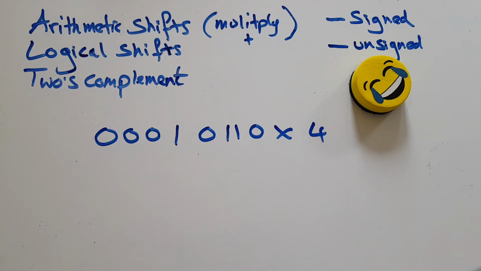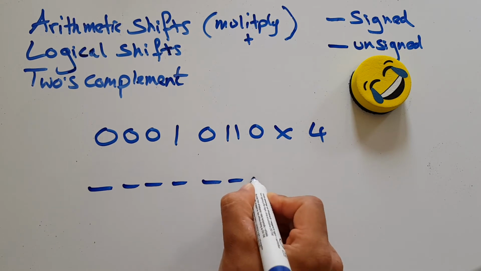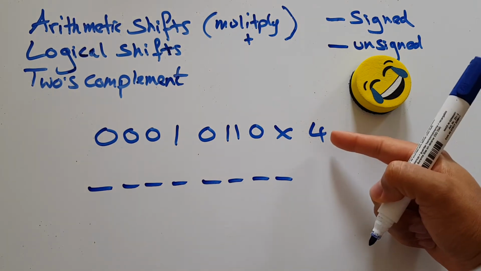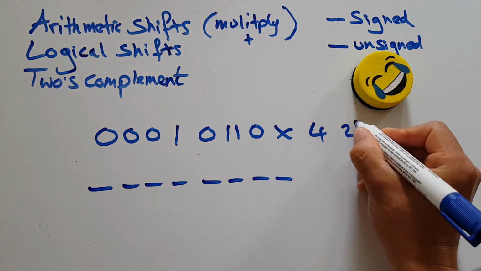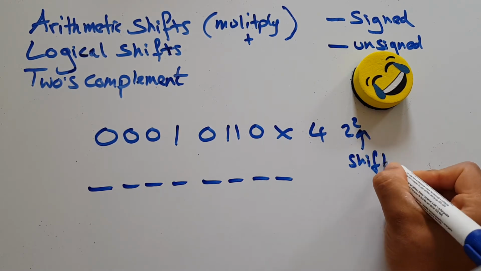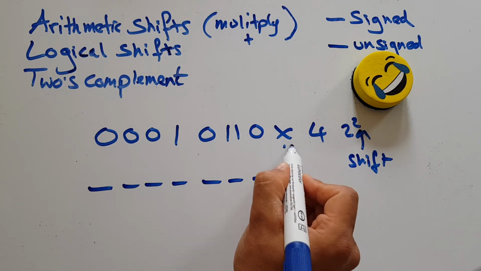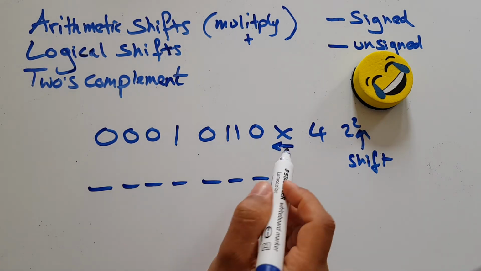So how do I do that? I'm going to write out the place values. I know that 4 is actually 2 to the power of 2. So my shift value is 2. And I'm doing a multiplication, so I know that I'm shifting left.